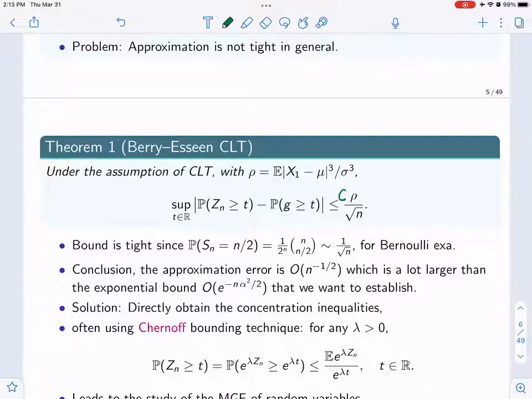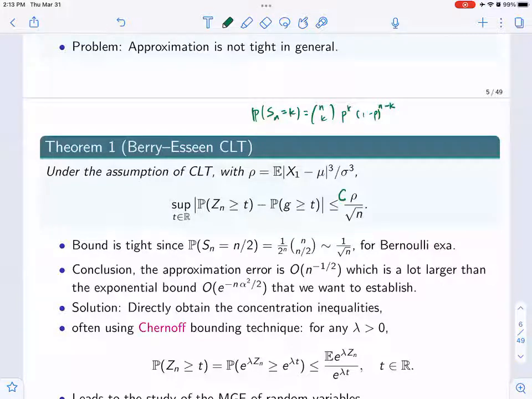Just like this is p to the k, 1 minus p to the n minus k. This is the PMF of this. So if I plug in p equal 1/2, k equal n over 2, you get this, and then using some Stirling's formula approximation, this asymptotically behaves like 1 over root n. Okay, the fact that this equal n over 2 is like that, and the limiting normal probability of equal n over 2 is 0.